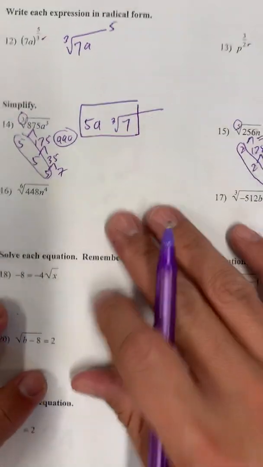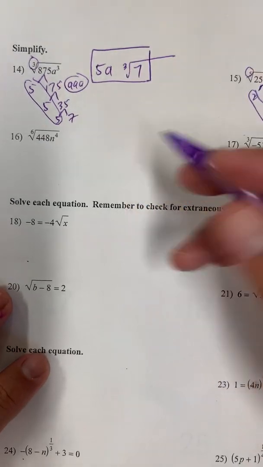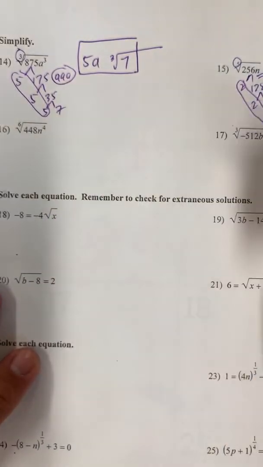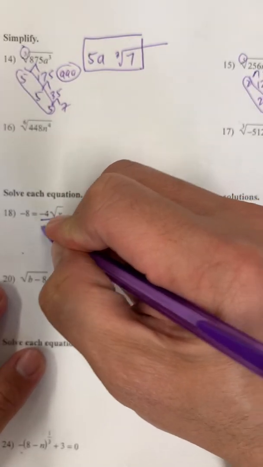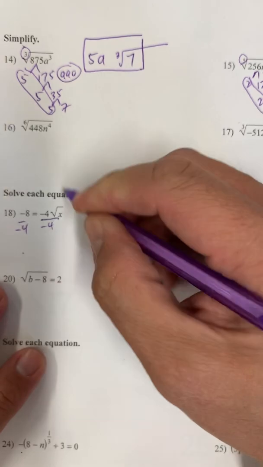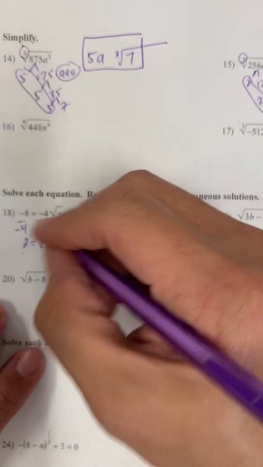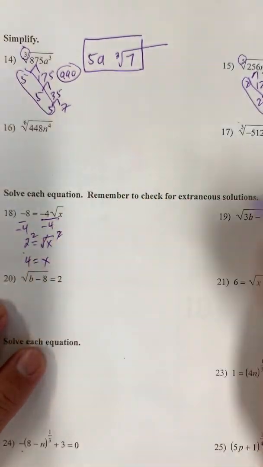We can go now to number 18. Solving the equation. How do you solve the equation here? For this case, you don't add by 4, but what you need to do is divide everything by -4 and -4. That gives you 2 equals square root of x. If you square them both, that gives you 4 equals x, because this cancels out.